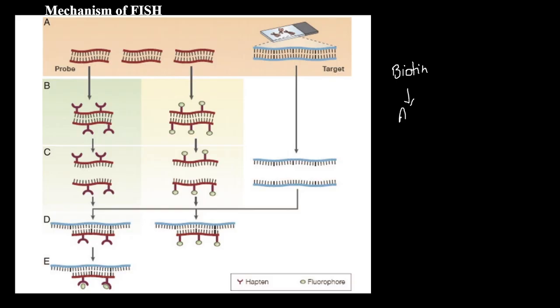You need to add avidin and HRP. Avidin will bind to biotin, and HRP is a horseradish peroxidase enzyme. This enzyme, when you add the DAB substrate, will produce a brown color product.